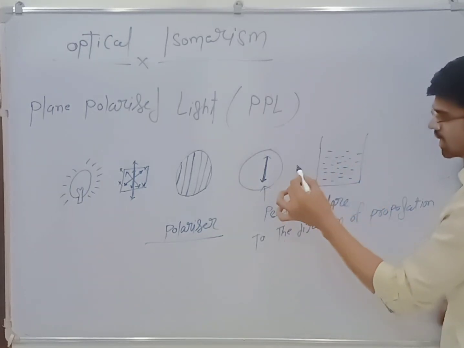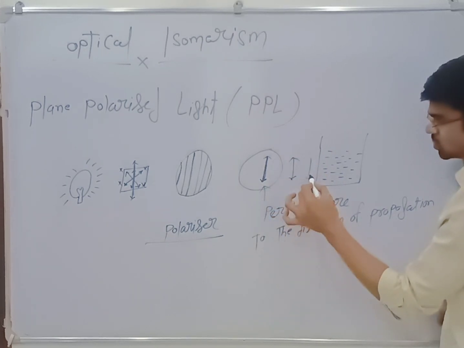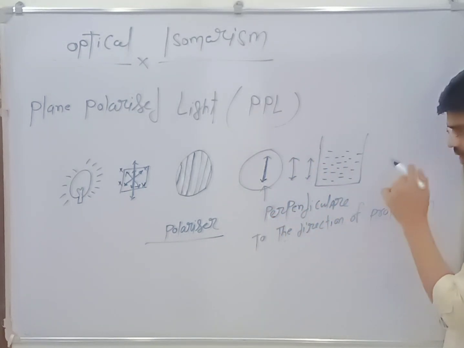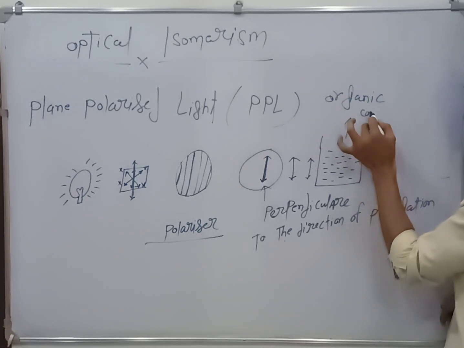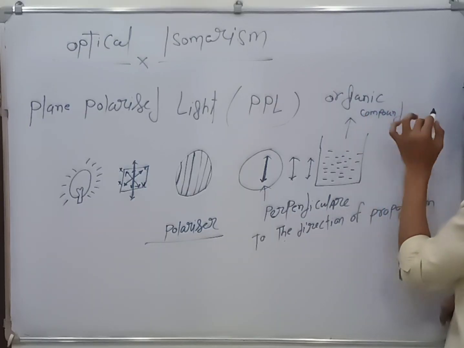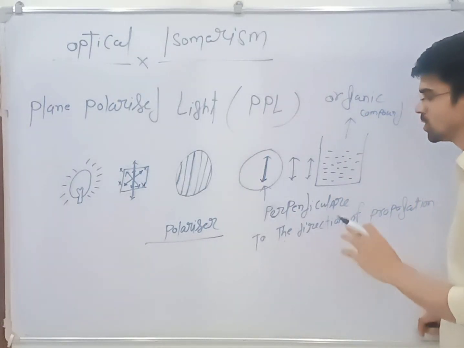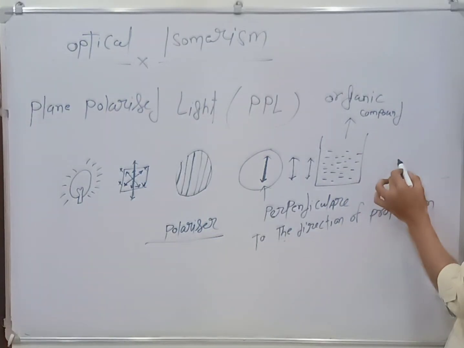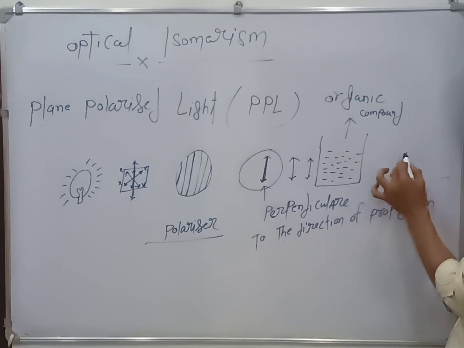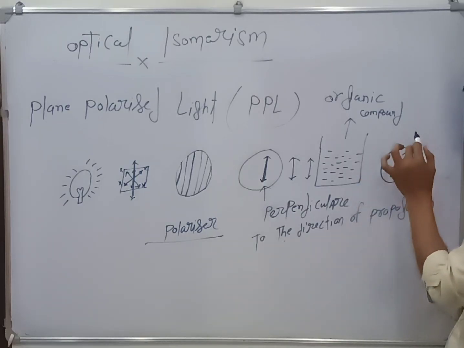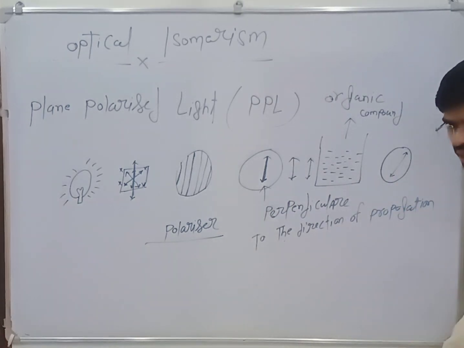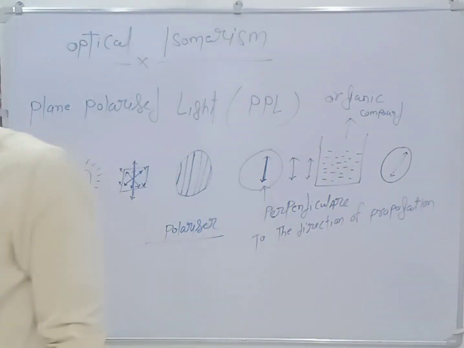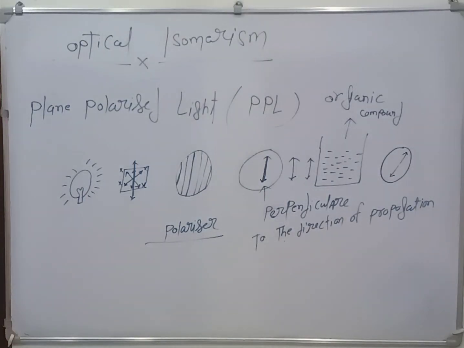When these PPL lights are passed through this organic compound, only a few organic compounds are able to rotate that PPL light to the left direction or the right direction, in the clockwise direction or anti-clockwise direction. Okay.